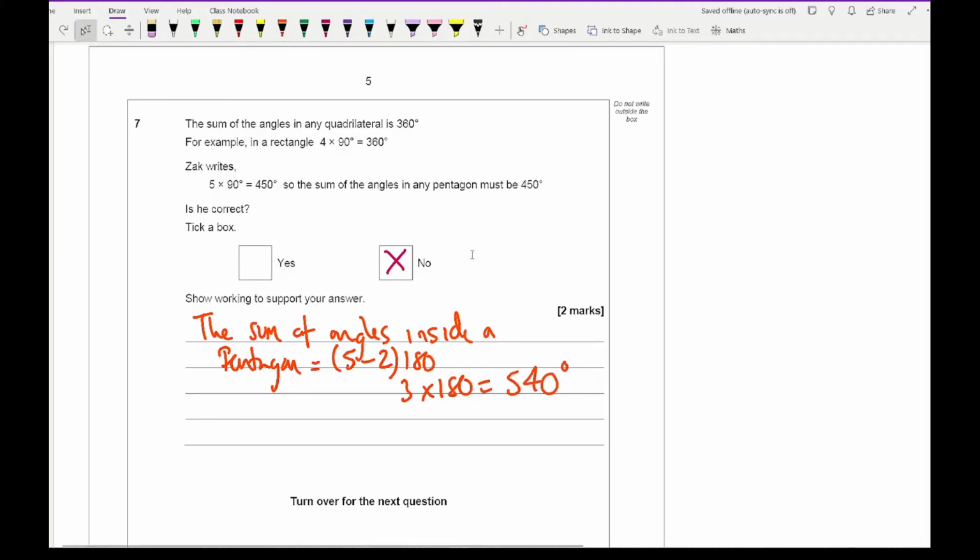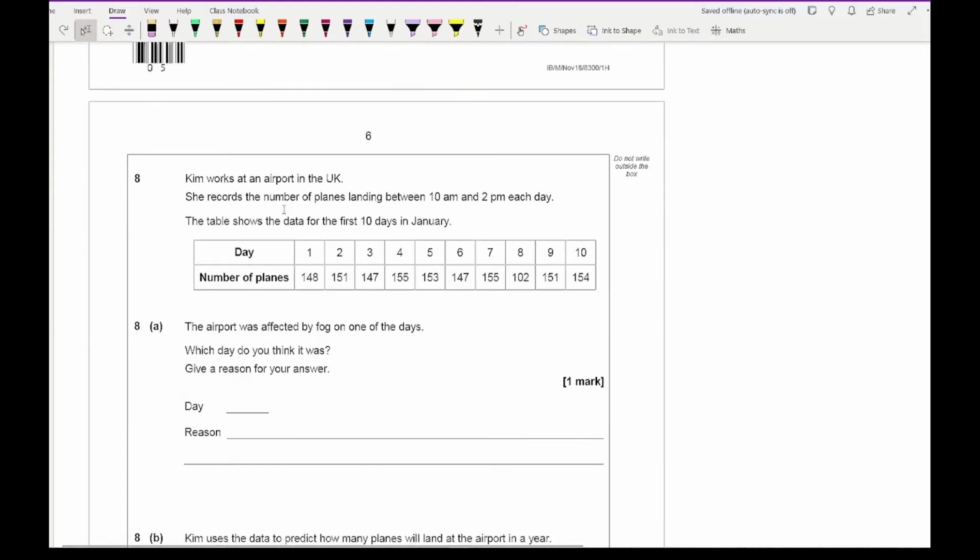So anything along those lines should get you the correct answer. Also, you could argue that the interior angle of a regular pentagon is 108. So again, something along those lines would be absolutely fine.